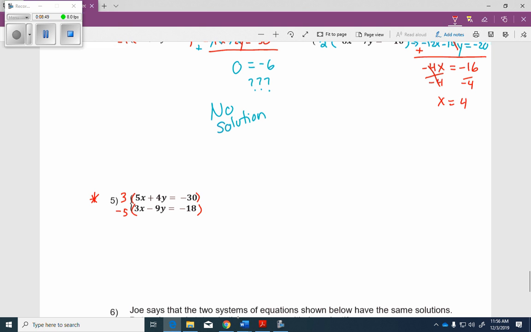Now, I said don't copy this yet because there are plenty of things I could have done. What if I decided to multiply the top by 9 and the bottom by 4? Now, do you notice I'd be eliminating the y's, right? This would be a 36, while the bottom would be a -36.